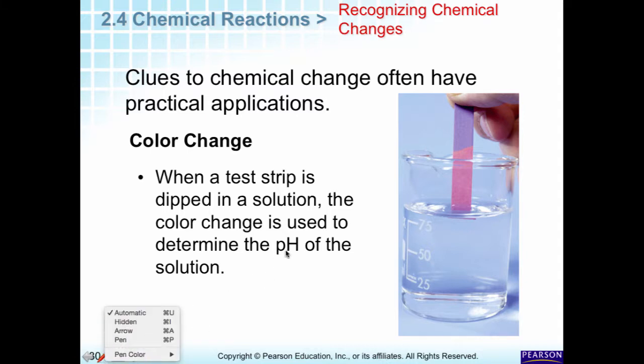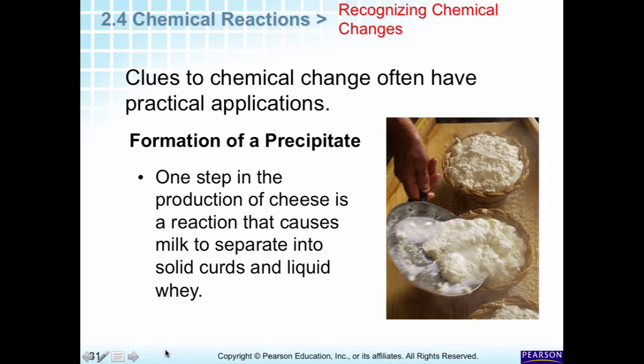Okay? So it reacts to the acid or base. If something comes out of solution, if you're making cheese, one of the things you have to do is separate the solid curds from the liquid whey, so that you can make your cheese.